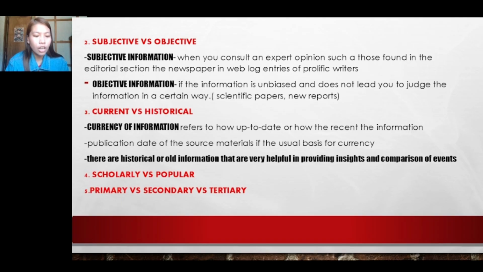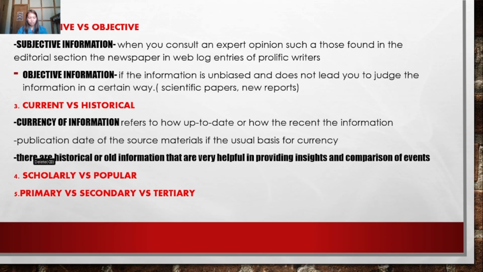It includes the publication date of the source of the materials, the usual basis for currency: date, time, and place. The historical is old information that is very helpful in providing insights and comparison of events.